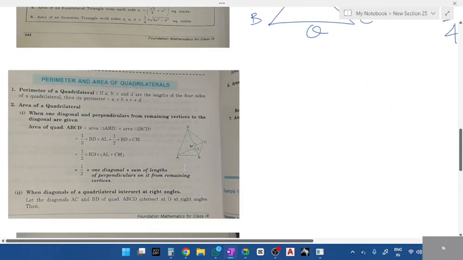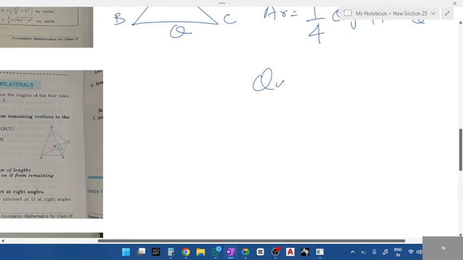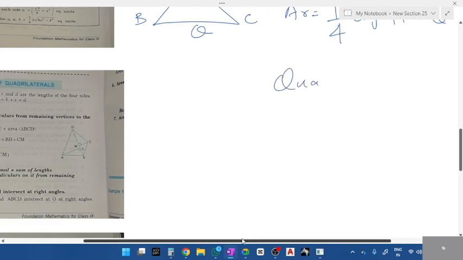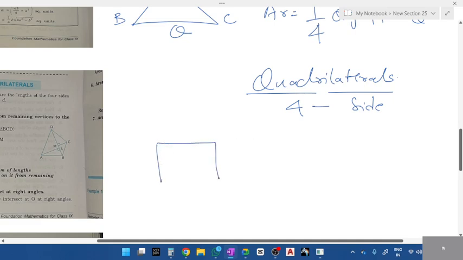Now exercise B. Can you see perimeter and area of what? Perimeter and area of quadrilaterals. Quadrilateral is nothing but, lateral meaning side and quad meaning four. Any diagram with four sides, you call it a quadrilateral. Fine. First, we'll start with square.